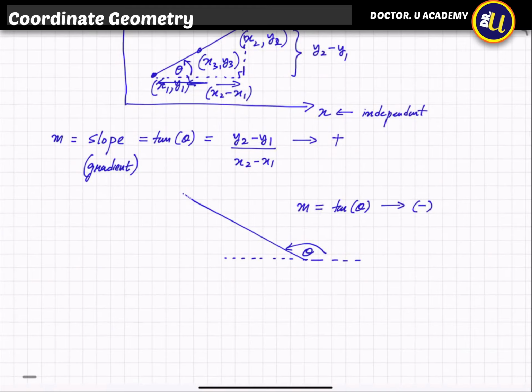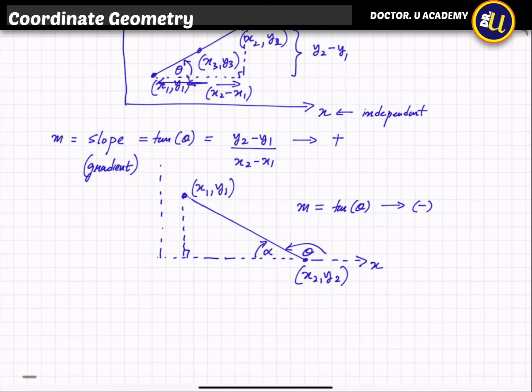Now geometrically I will show you why it is negative. So this is your x-axis, this is your y-axis. Now let this coordinate be x1, y1, and this coordinate be, suppose, x2, y2. Here essentially you can't find the theta value from the right angle triangle, because the triangle has this value alpha.